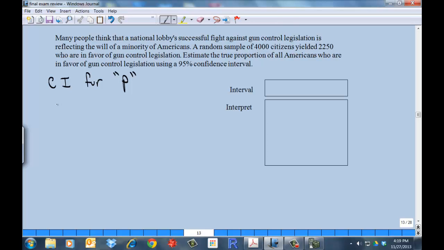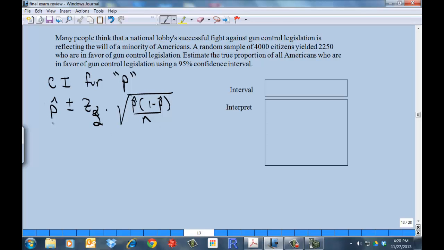And again, we're going to use the TI calculator to do this. We really just need to know the idea of p hat plus or minus z alpha by 2 times the square root of p hat times 1 minus p hat over n.